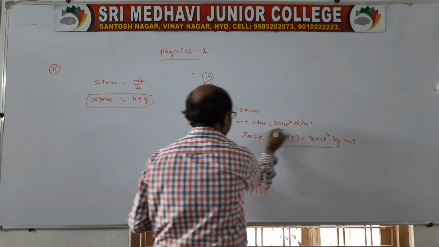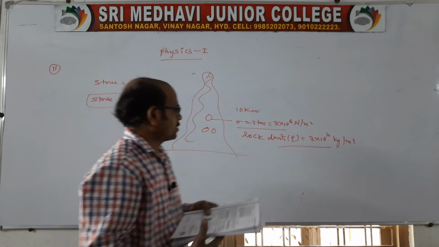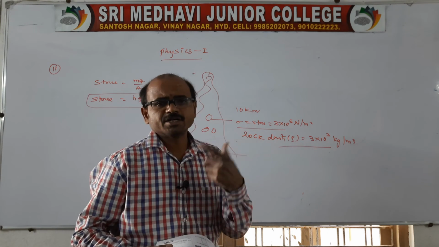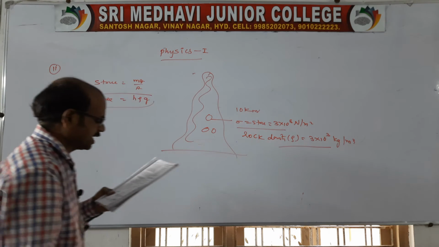This is the rock density and the yield point of a rock. At this point the rock may yield or be converted into the liquid state. The yielding starts at 3 into 10 power 8 only.